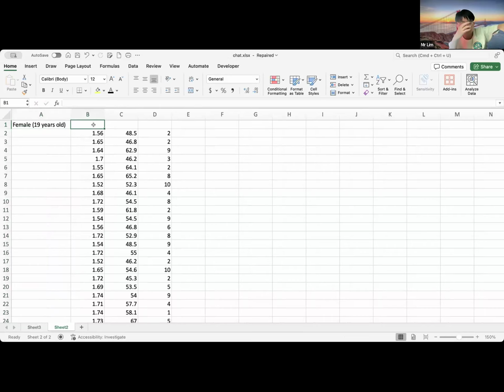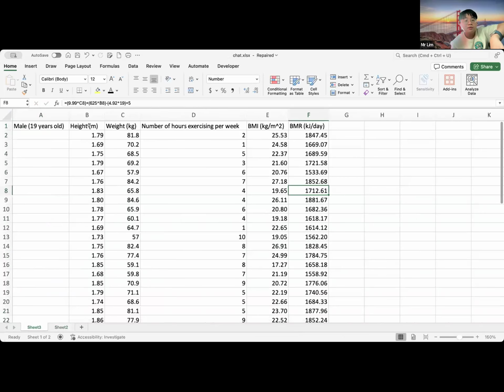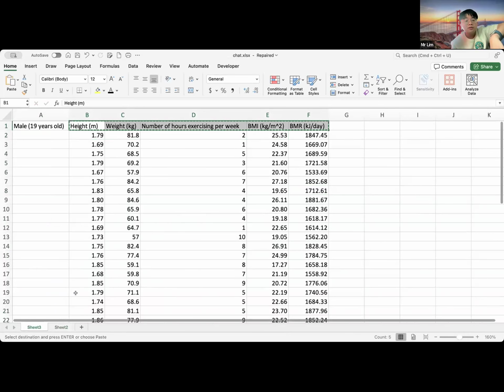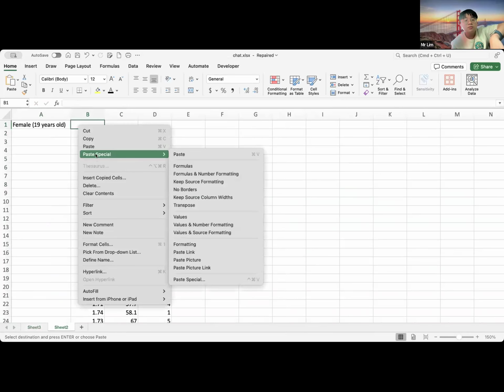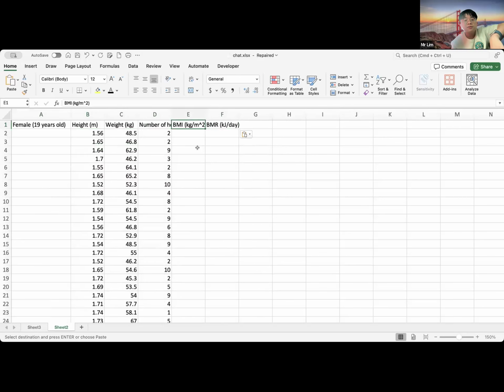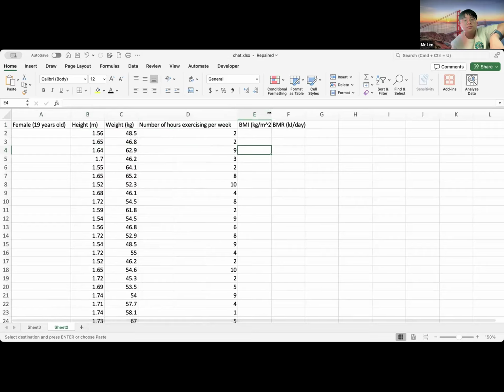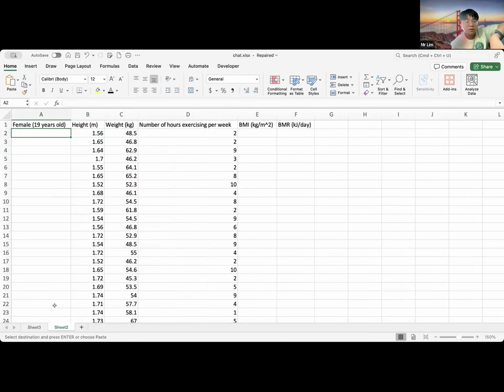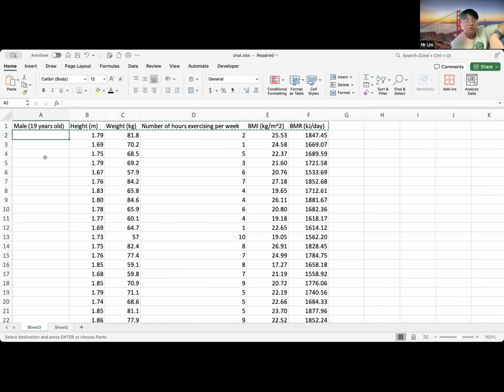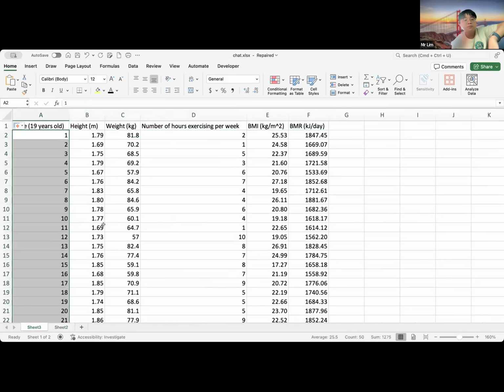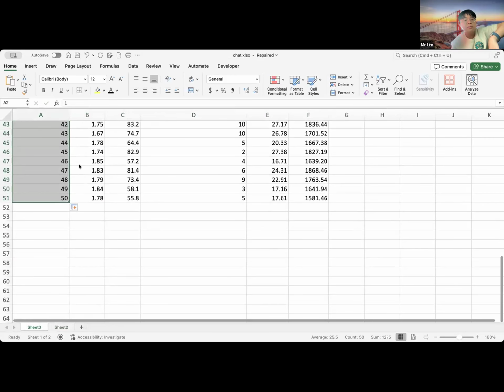So this is their height. I think what I need to do is just copy paste here. It would be the same. So copy this title, paste. All right. You can do the numbering if you want. Okay, 50.